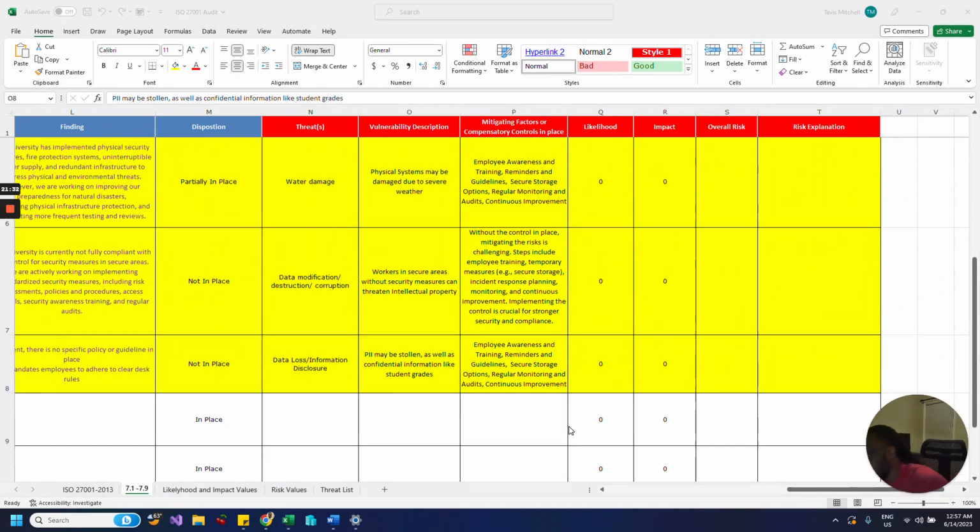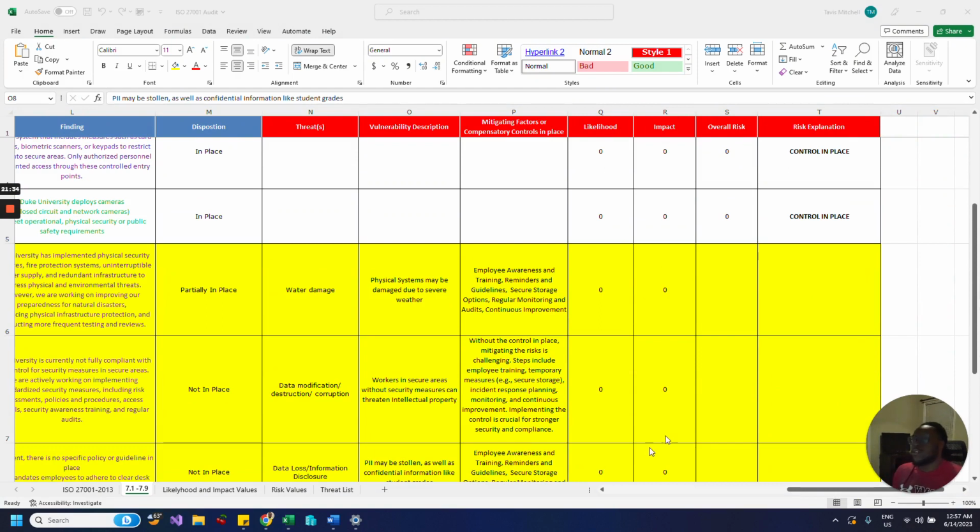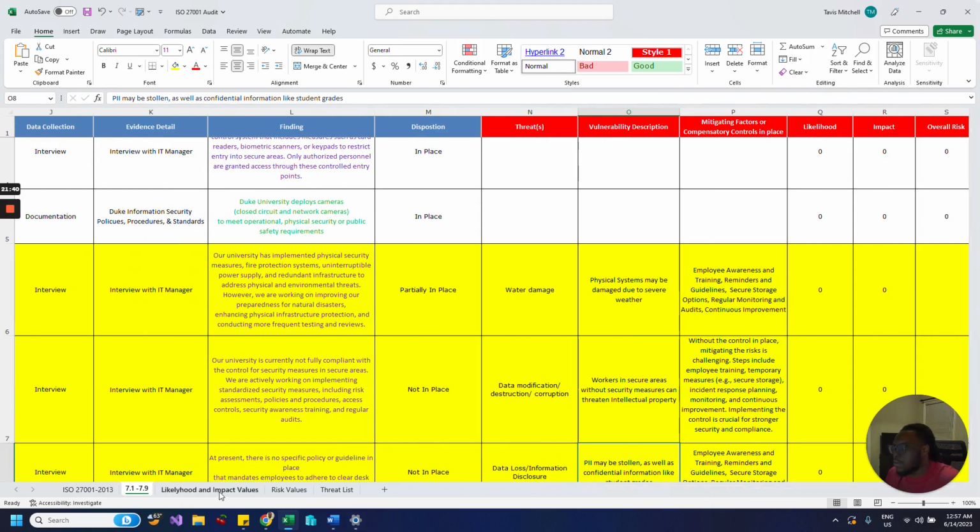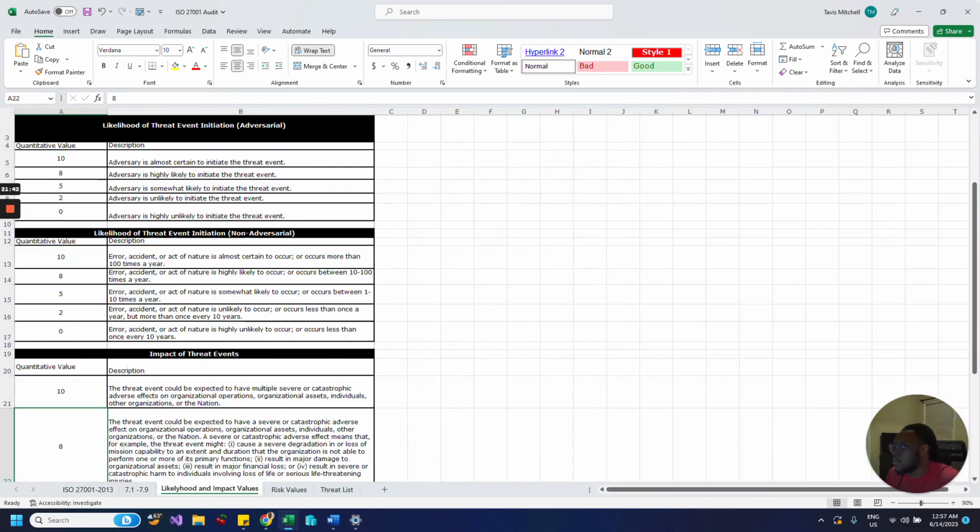So, now that we've got that out of the way, let's go ahead and do our risk assessment, everyone. Remember, we've got our likelihood and impact values.